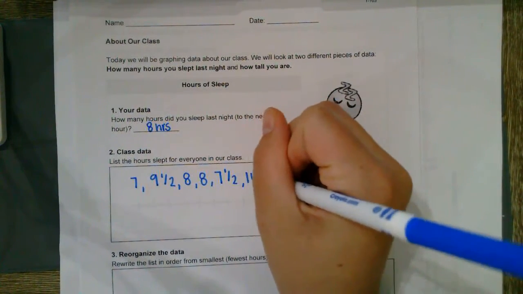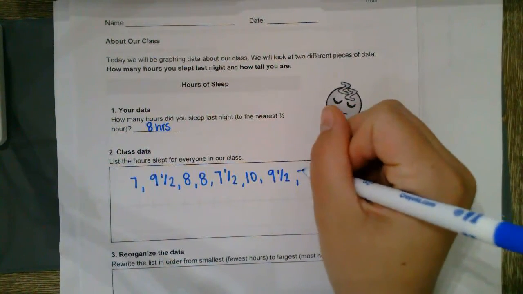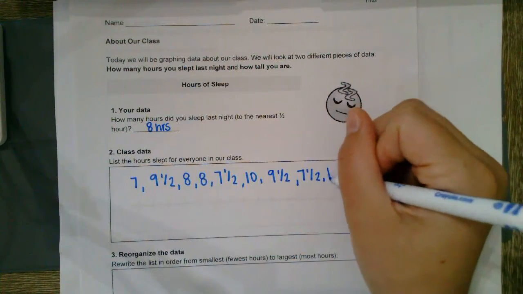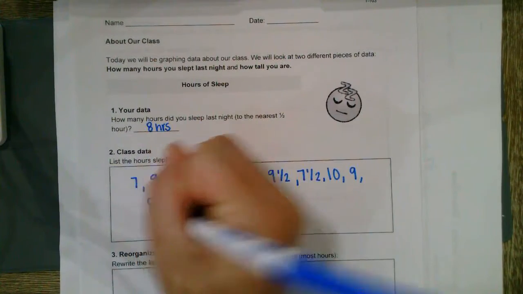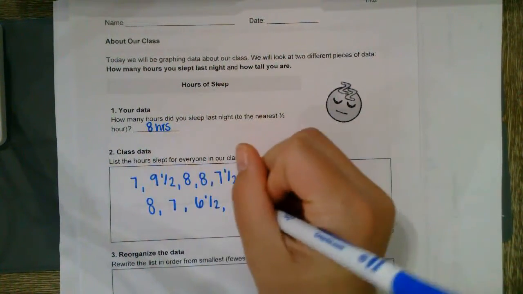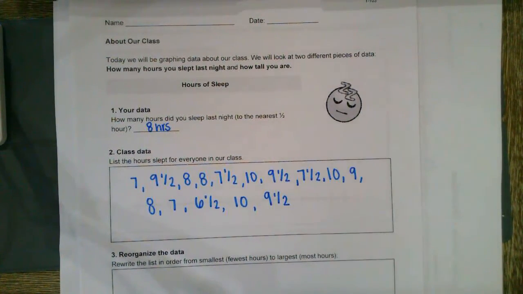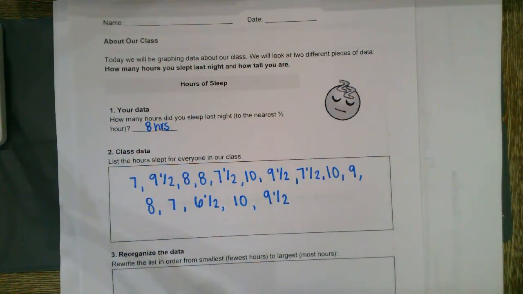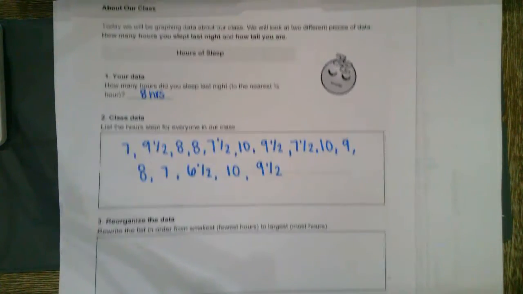Someone got a good night, 10 hours sleep, 9.5, 7.5, 10, 9, 8, 7, 6.5, 10, and 9.5. Okay, again, yours might look a little bit different, but it's the same process that we work through in order to organize it and plot it.